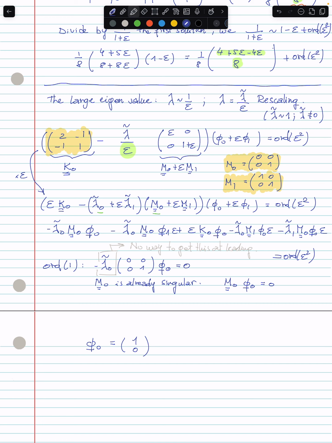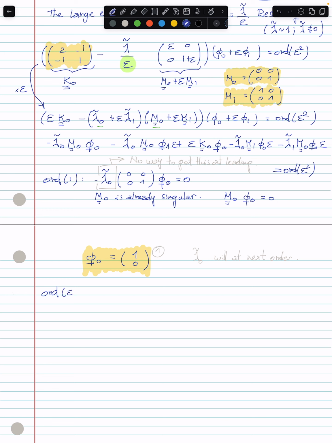So you see here, we start by computing first the eigenvector, and lambda 0 will come at next order. All right, so let's keep going with the next order.